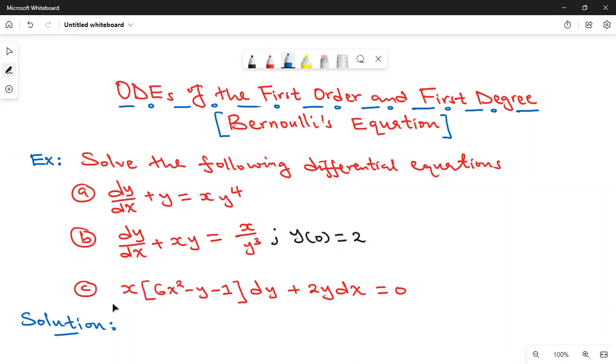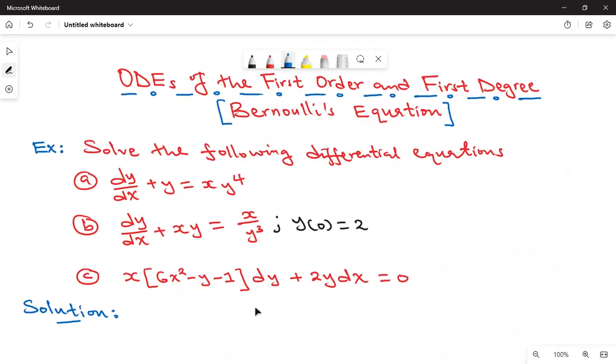And finally, in part C, we have x times (6x squared minus y minus 1) dy plus 2y dx is equal to 0. So all those equations are Bernoulli's ODEs.